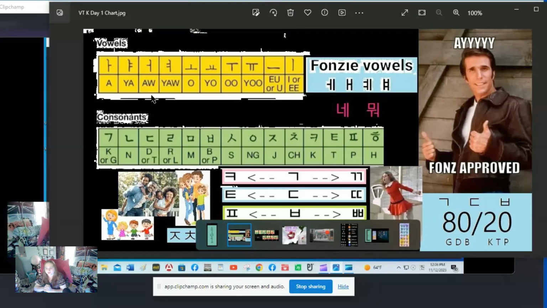So I would say the hangul writing system, it's like 90% dyslexic proof, in my opinion. Your mileage may vary. But yeah, it's about 90% dyslexic proof. There are still some issues I have, particularly between the aw and the ah vowel.